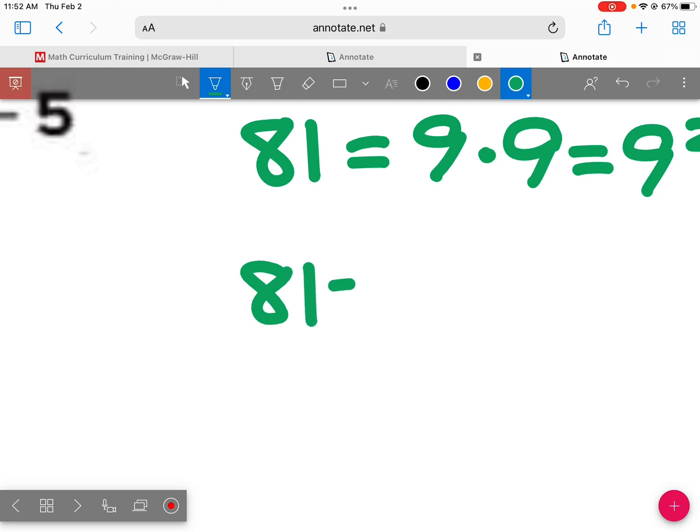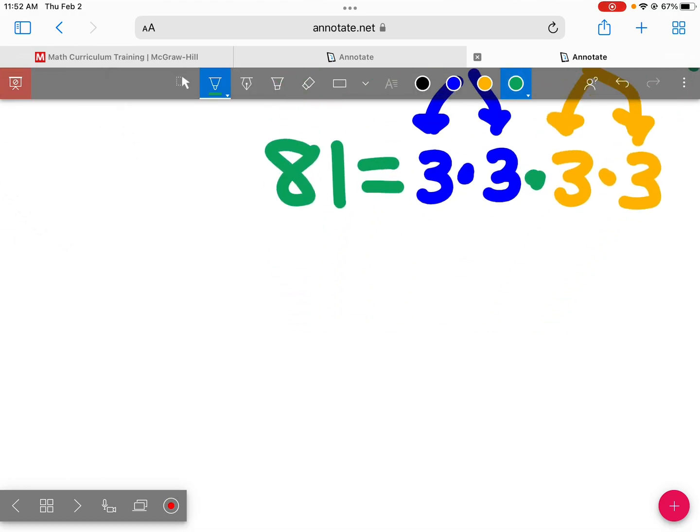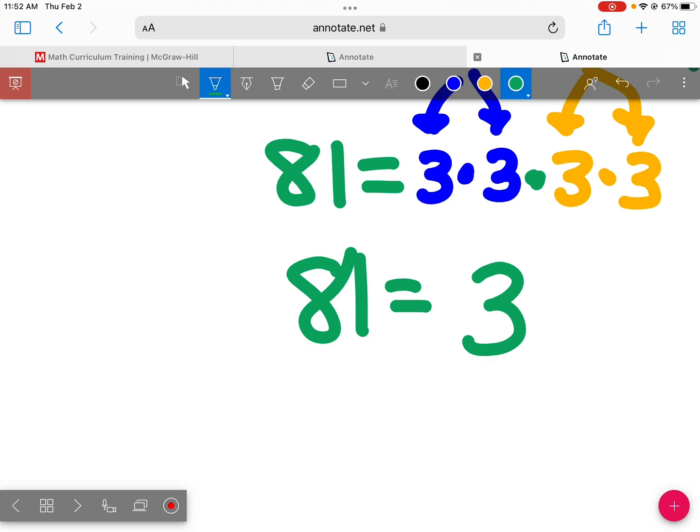All right, so Jaden was pointing out that we can't rewrite the 27 as 9 to a power, but I can rewrite 81 as 3 to a power. Because I've got 3 times 3 from this 9, and I have another 3 times 3 from this 9. So 81 is 3 to the fourth.